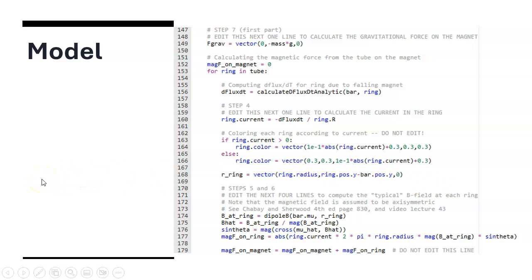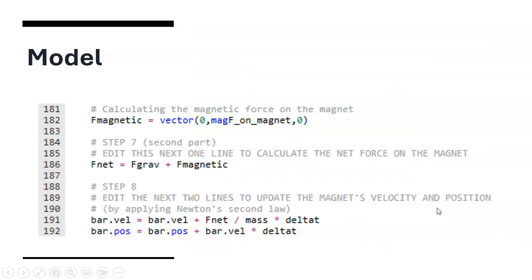In these lines of code, we are deriving the forces acting on the magnet: the force of gravity, as well as the magnetic force on the magnet. We combine these forces to get the net force acting on the magnet. With this net force, we can derive the velocity of the bar magnet as well as the position of the bar magnet.